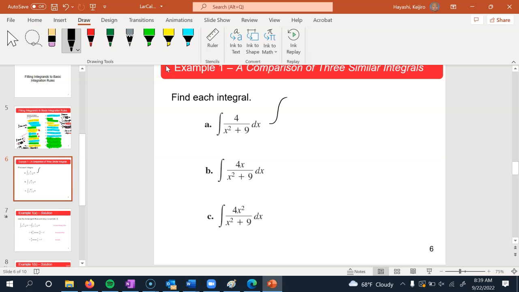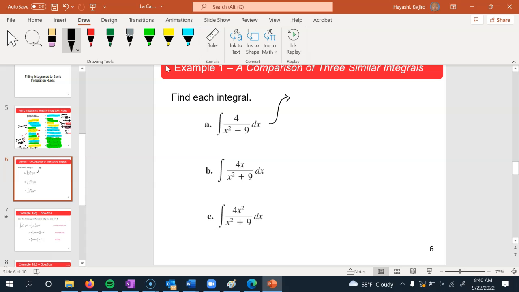So this first one, with no x on top, it's just 4 over x squared plus 9. It's not a u substitution.